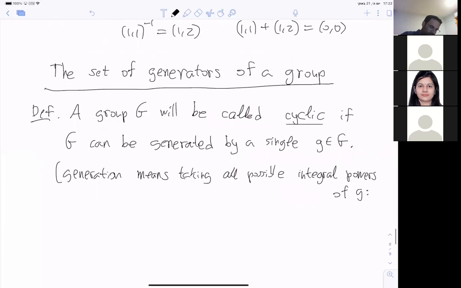That is, G is generated by g means that all elements of the group G are just powers of little g.